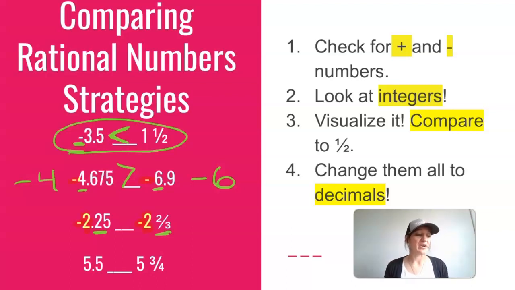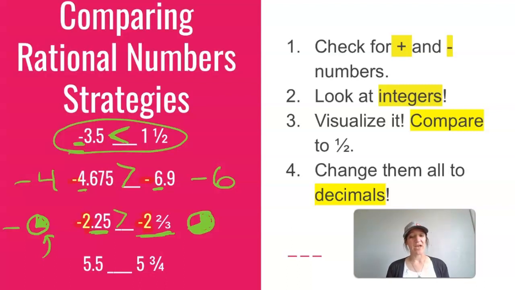For example, 2/500ths is less than half, and 2/3 is greater than half. So I can see that negative 2/3 is a bigger negative than negative 1/4 or negative 2/500ths. So even though this is a smaller number because it's negative, it's actually the bigger one.